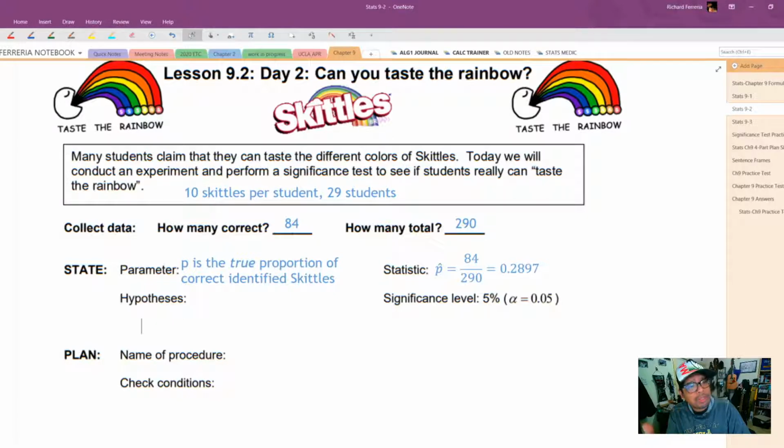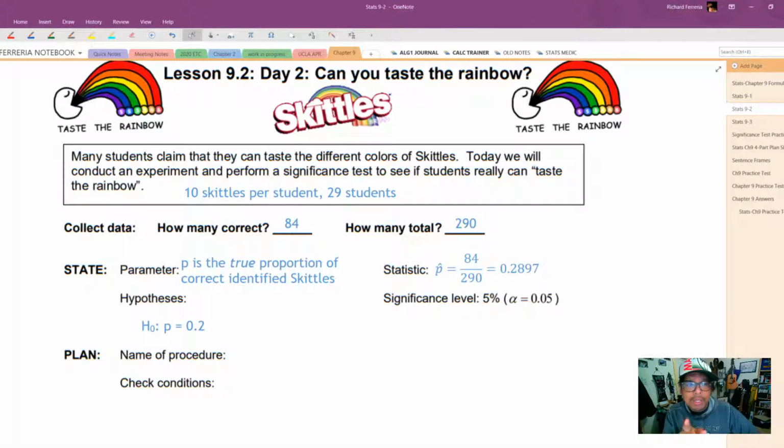So we have to assume the opposite of what it is we're trying to prove. And if you really can't taste a rainbow, that means you're just guessing. And if you're just guessing, then if there are 5 colors, you should be correct about 1/5 of the time. Which means that we should make our H naught: P is equal to 0.2.